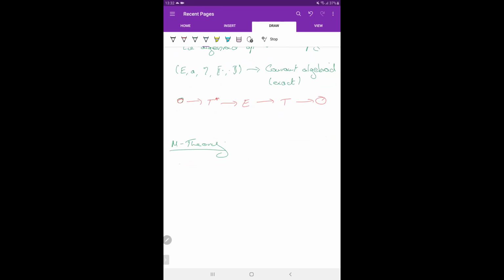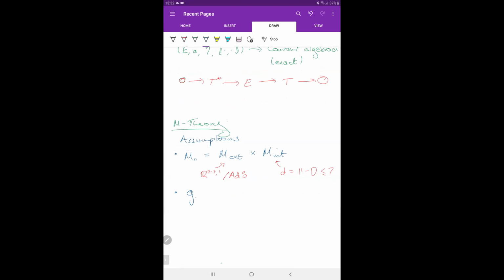So I'm going to make some assumptions. Firstly, I'm going to assume that my 11-dimensional manifold is a cross-product manifold, where this external piece is either Minkowski or AdS. And this guy is a D, is 11 minus D, less than or equal to 7-dimensional internal manifold.